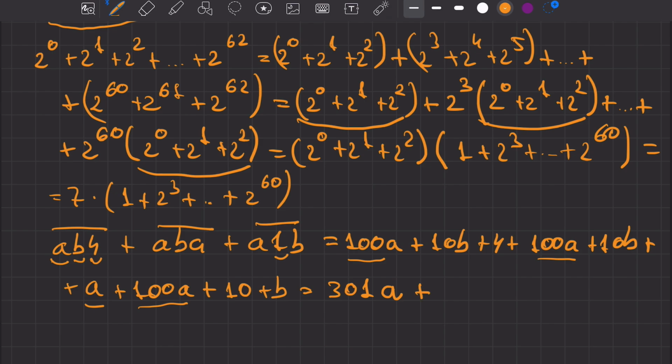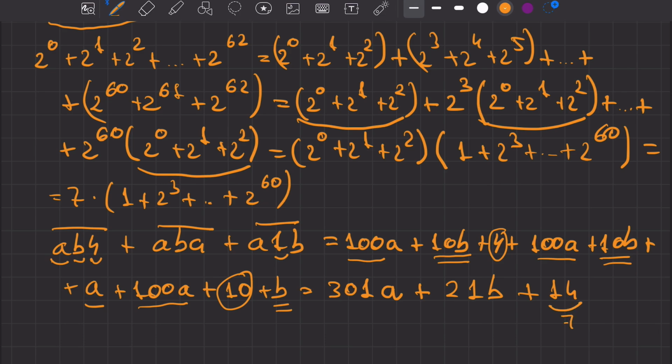Now we move to the second part where we have 10B plus 10B plus another B here, and we get 21B plus, and now we are left with the 4 and the 10, and we have plus 14.